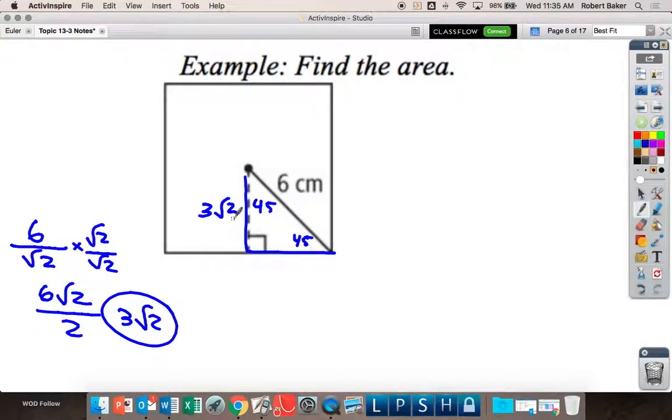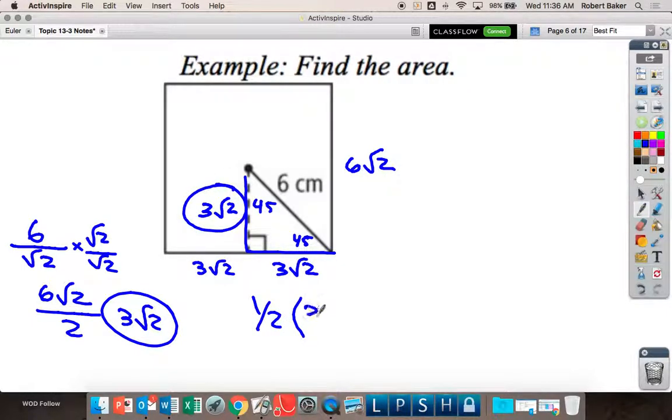How long is this piece? Which means that the whole side length is 6 square roots of 2. So now I have enough information to do my perimeter times apothem divided by 2, or 1/2 the apothem times the perimeter. 1/2 times my apothem times my perimeter. 6, 6, 6, and 6 is 24.